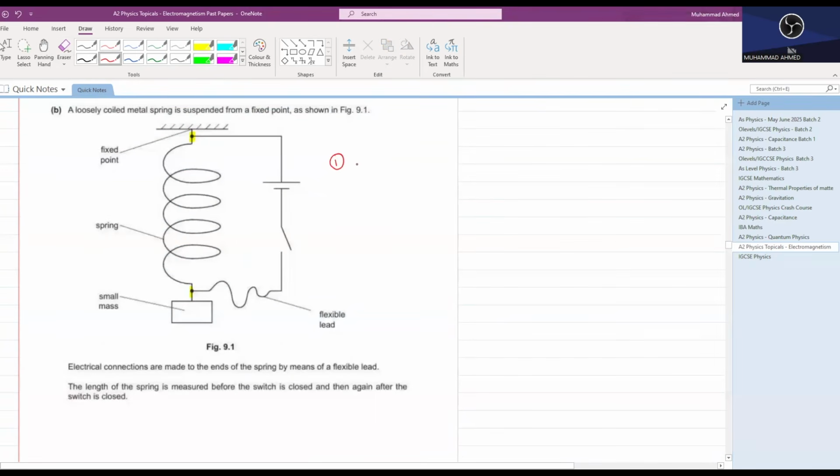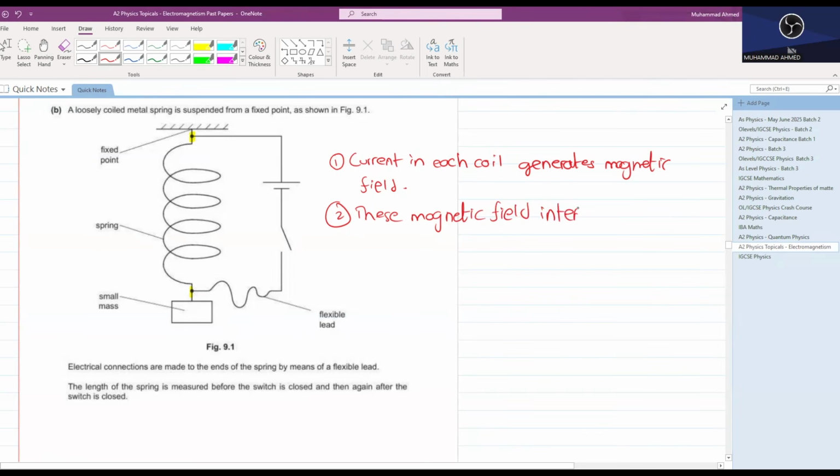You will write that current in each coil generates a magnetic field. These magnetic fields interact with currents in the other coil.